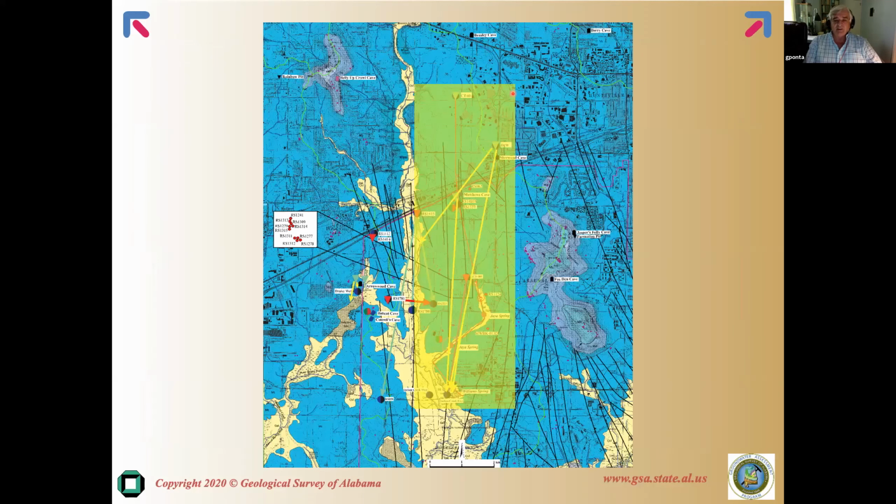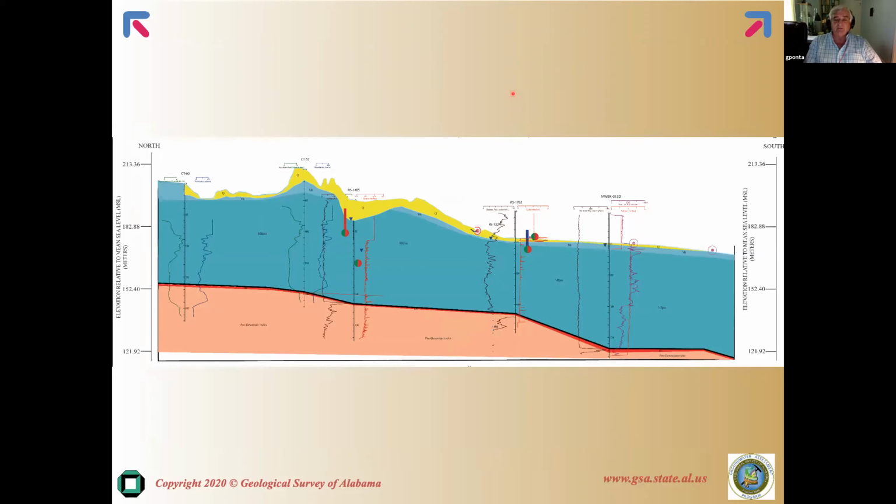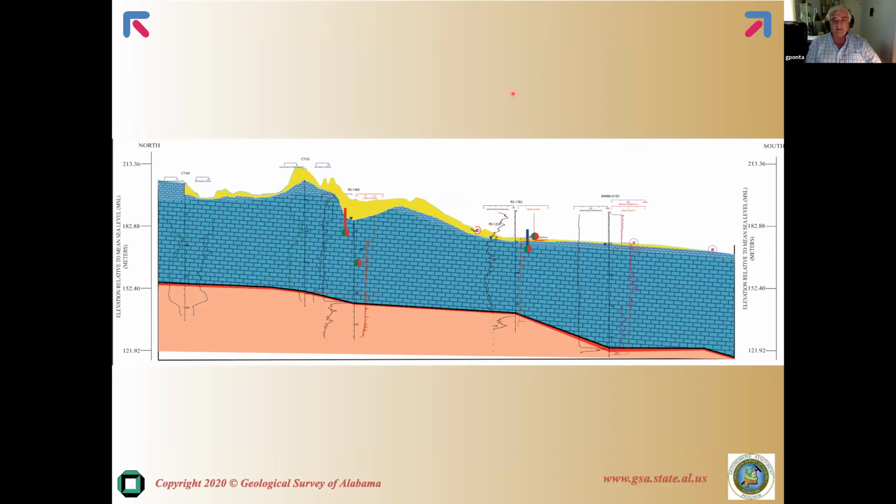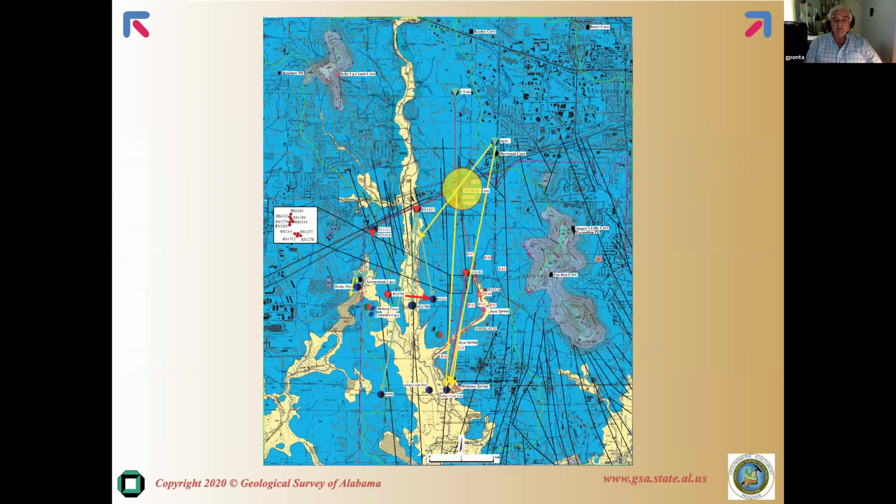We have generated several cross-sections, but I'm presenting only one in this area. Like I mentioned before, the bedding is almost horizontal, dipping southwest. On this map, I'm going to show on the cross-section where these dots are located.